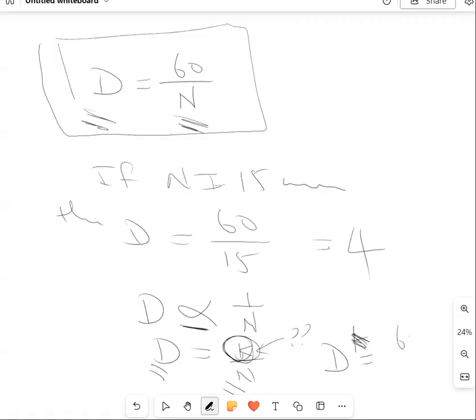So you got K as 60, and our relationship now becomes this. And you know how a relationship goes. No matter what N is, you can calculate D. So that's a case there of inverse proportion.